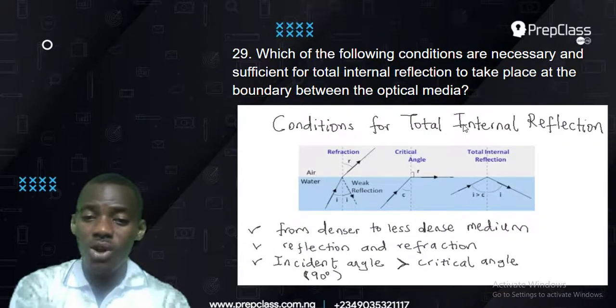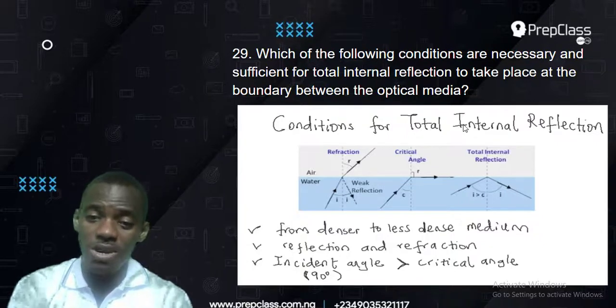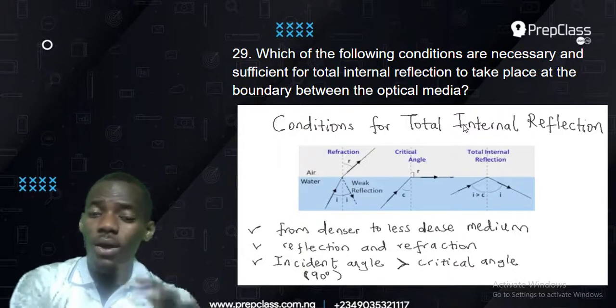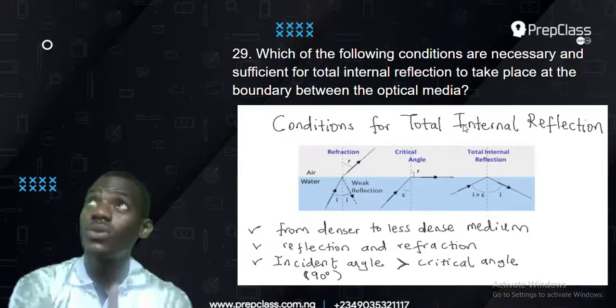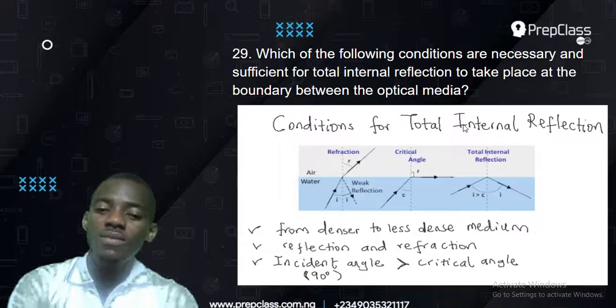Okay. Now the second condition is that there must be reflection and refraction. That's a weaker condition, but it is also part of the condition for total internal reflection to occur. And the third and final condition, which you must take note of for theory questions, is that the incident angle must exceed the critical angle. Now, what's the meaning of critical angle?